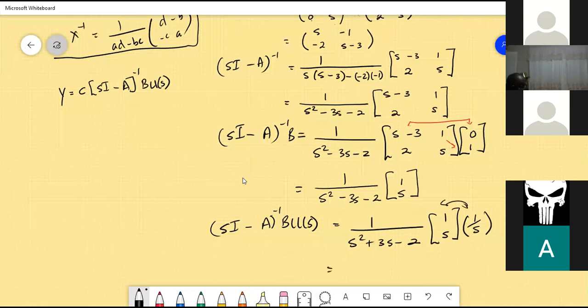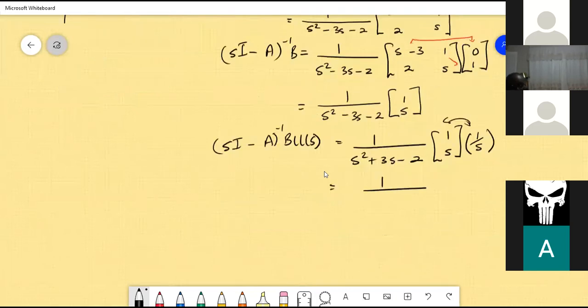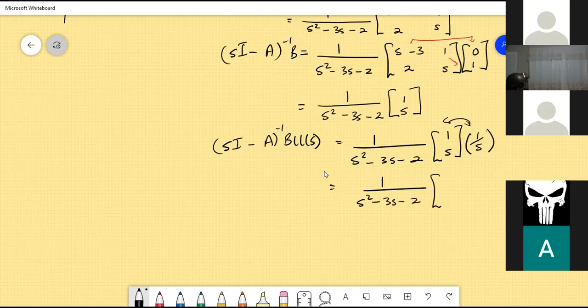We get 1 over s squared minus 3s minus 2, and we'll multiply, we're going to get 1 over s as the first term and 1 as the second term.